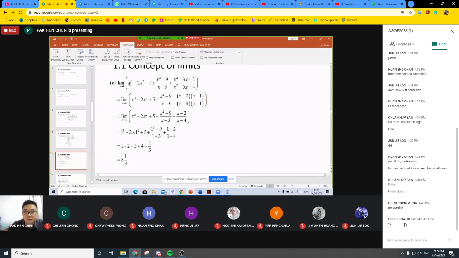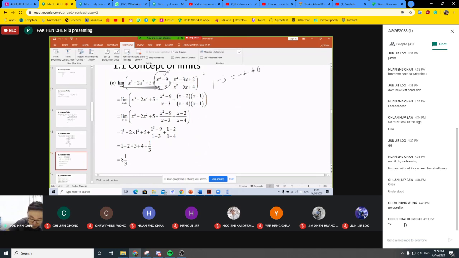Okay. And the next one will be, okay, here. This one, we have x cubed, 2x squared plus 5, and then we have this second fraction and the third fraction. If we're doing the substitution, I will always substitute into their denominator to see whether it will become 0 or not. When I substitute into this one, it will be 1 minus 3 equals -2, not equal to 0, isn't it? That means you actually are able to substitute into this term.